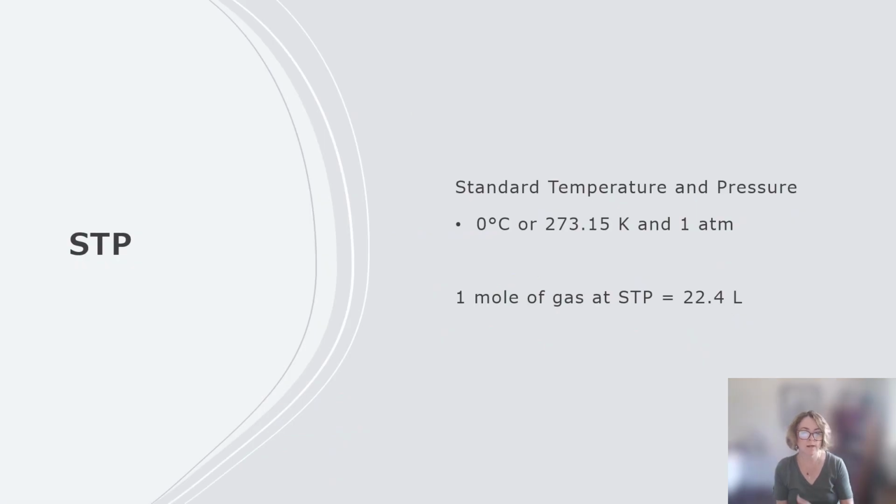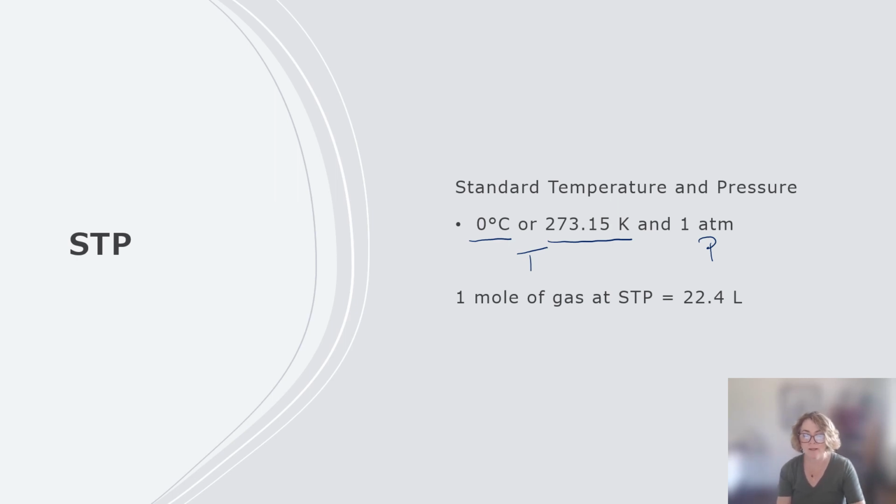Okay, so before I introduce you to the ideal gas law, there is one concept that we need to talk about, and that is standard temperature and pressure. If you're given a problem and you are told that the gas is at standard temperature and pressure, what that is telling you is that you are at 0 degrees Celsius or 273.15 Kelvin, so that would be your temperature, and that your pressure is at 1 atmosphere.